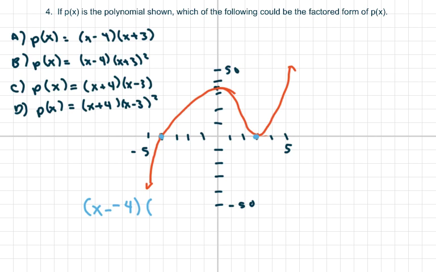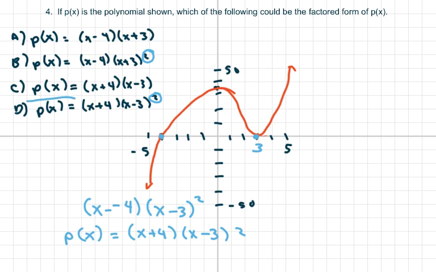It could be 2, 4, or whatever, but in this case we only have 2's. And this is 3, so that's going to be x minus 3, and the multiplicity is 2. So our answer is p of x equals x plus 4 times x minus 3 squared. Which one is that? That is D.